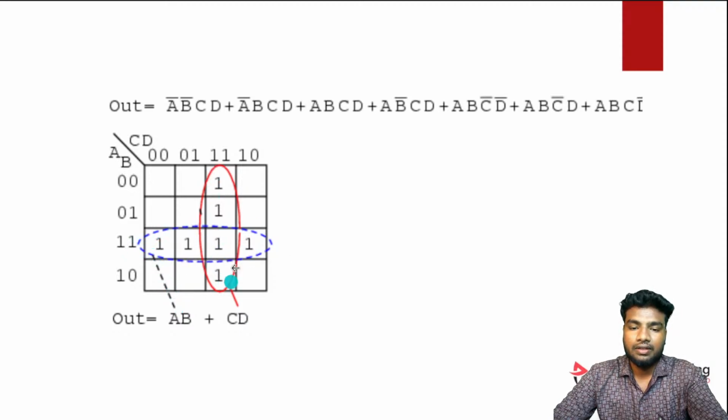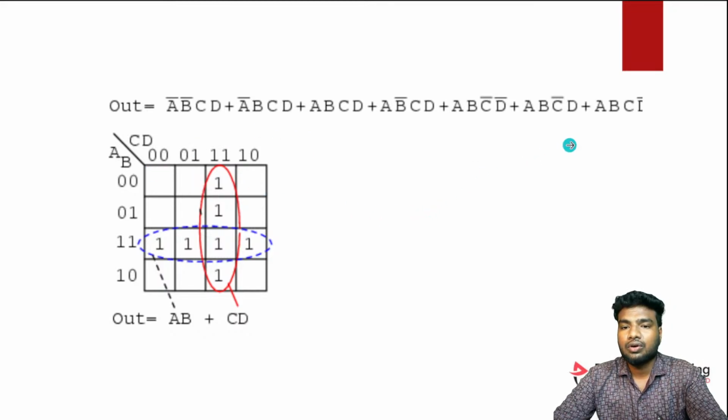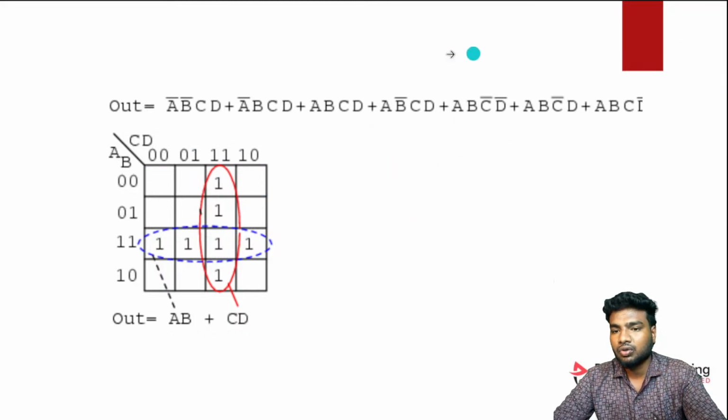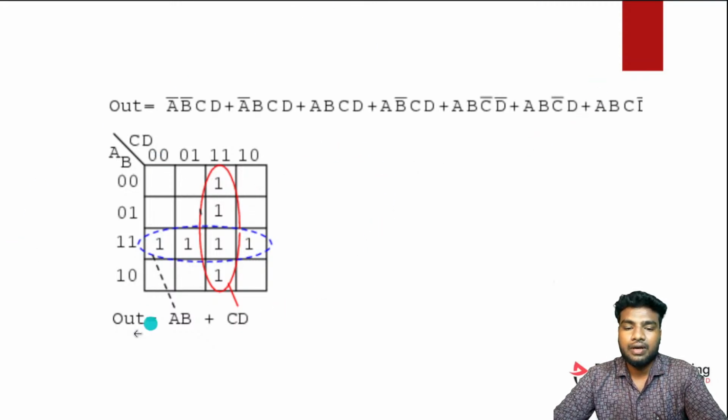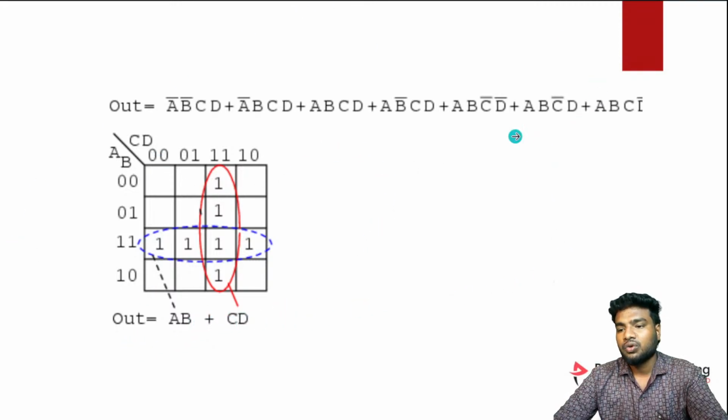Same for this group: here you can see a b inputs are changing, so I just write cd. So this is the grouping and writing the K-map equation. I simplified this equation by using the K-map as ab plus cd.